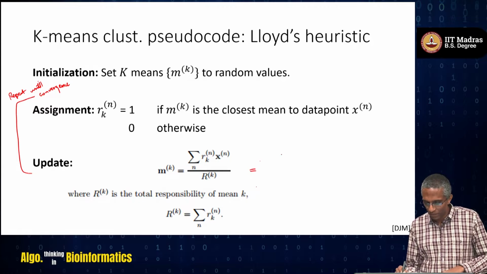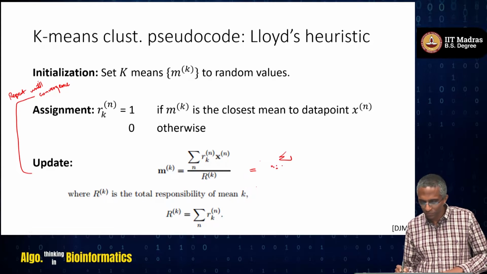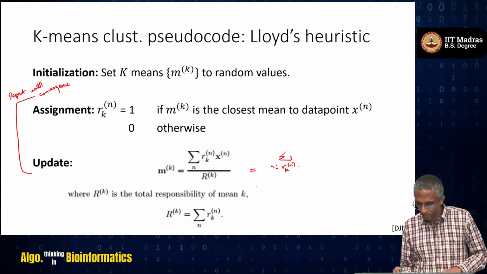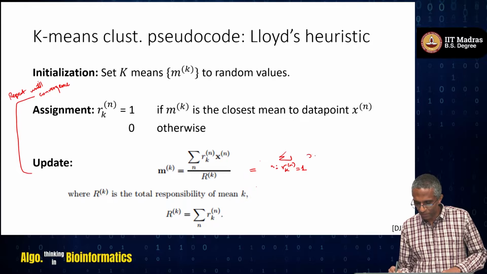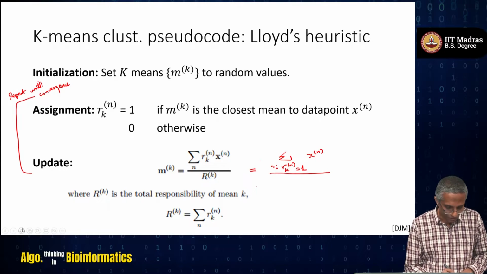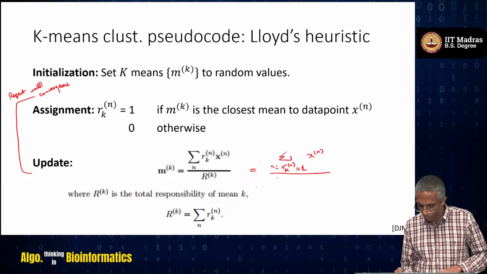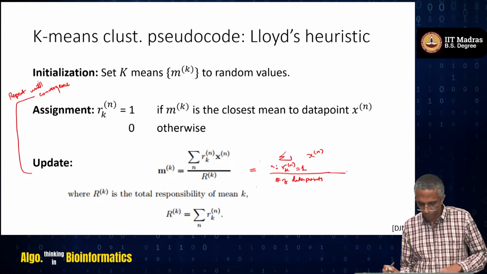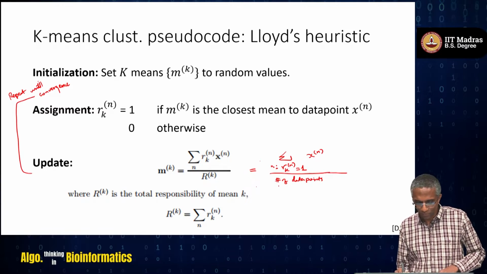This is the same as the sum over all n such that r k of n equals 1, of x of n, divided by the number of data points that are assigned to this cluster, the number of data points for which the mean is responsible. So, this is like the average, or the sample mean.